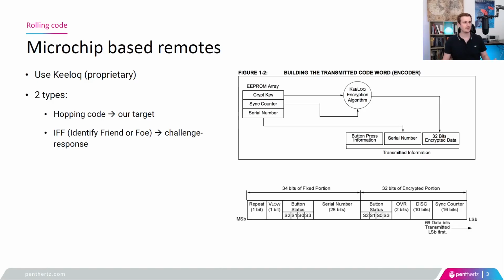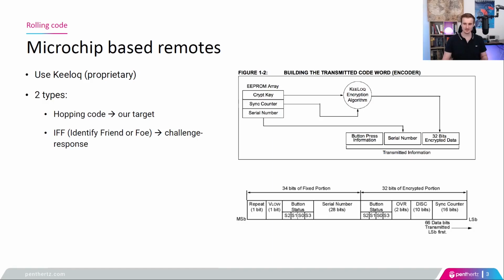For microchip based remotes, you usually will encounter something called Keeloq, which is an encryption algorithm used by Microchip. It is implemented in a lot of HCS chips, and also some PIC12, PIC16, etc. As long as you deal with a microchip based remote, you will surely see Keeloq in action.